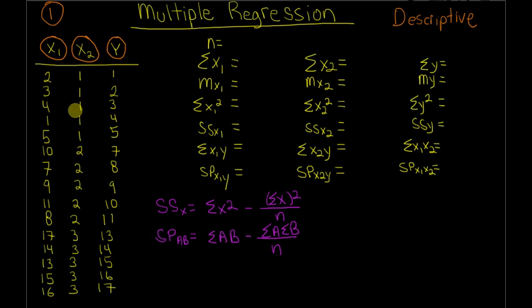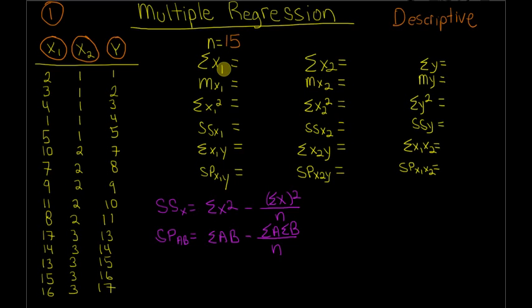And so we're going to use that information to create our regression equation, and we're going to determine the significance of that regression equation. So for n, if we count these up, we're going to get a total of 15.